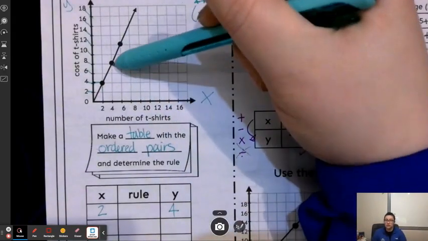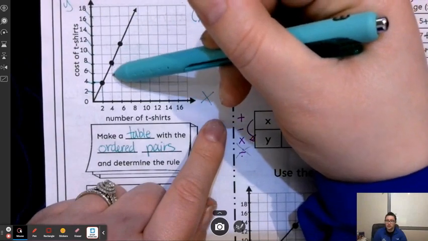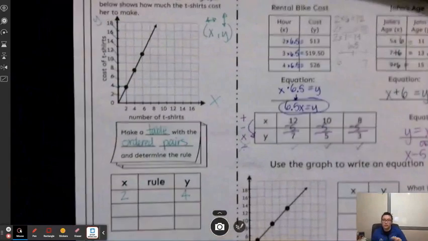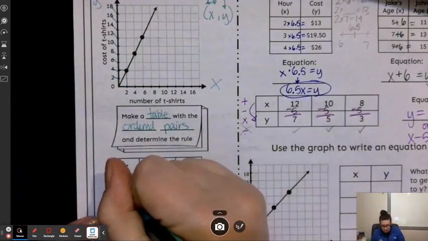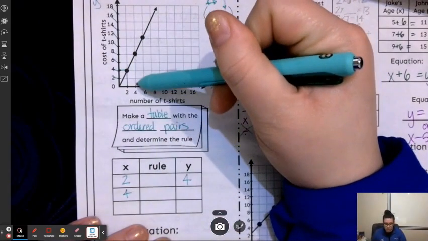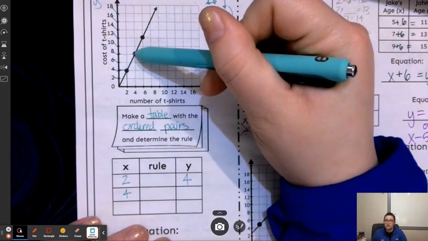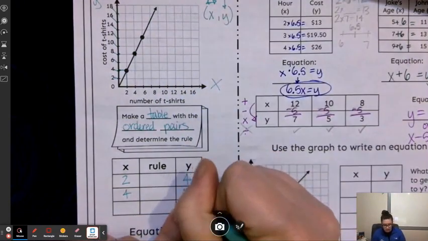Our next dot, the x for this dot is 4. Zoom out a bit for you. That's 4. The y is 8. This is why we drew those lines, because it's helpful. This y is 8.